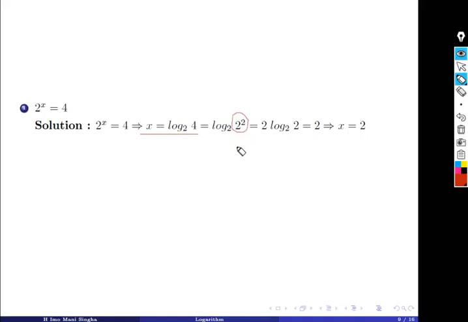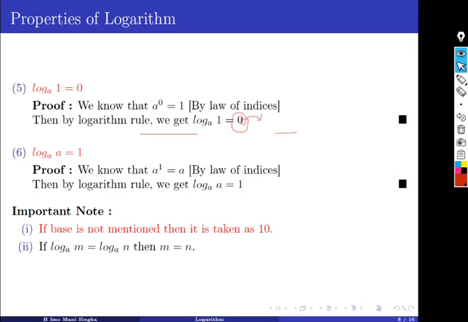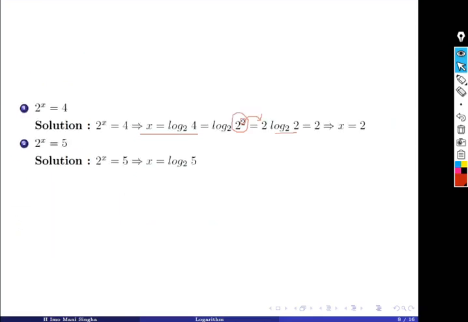So by property number 3 I can write this power will come as a multiplication, that is 2 into log of 2 base 2. And by property number 6, just in the previous page, log of 2 base 2 is equal to 1. So ultimately we will get answer 2.